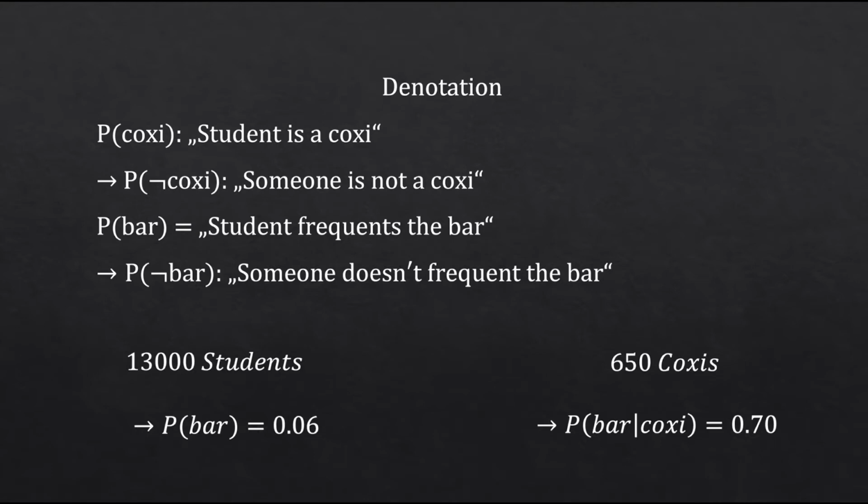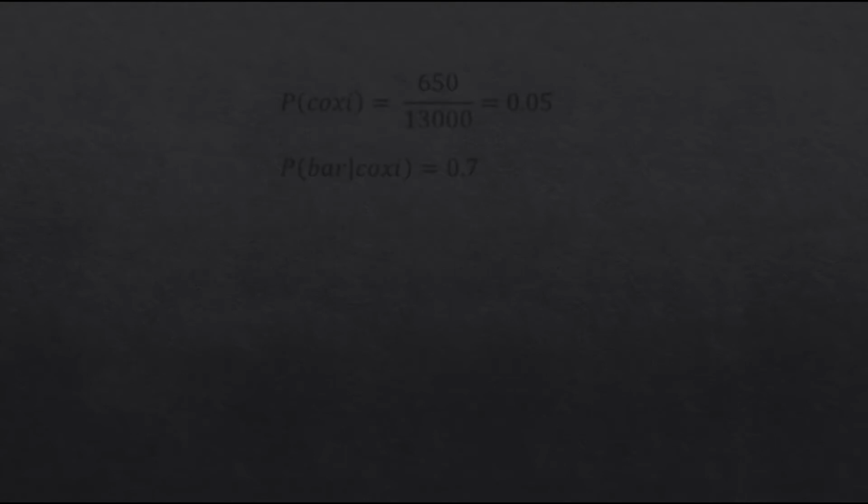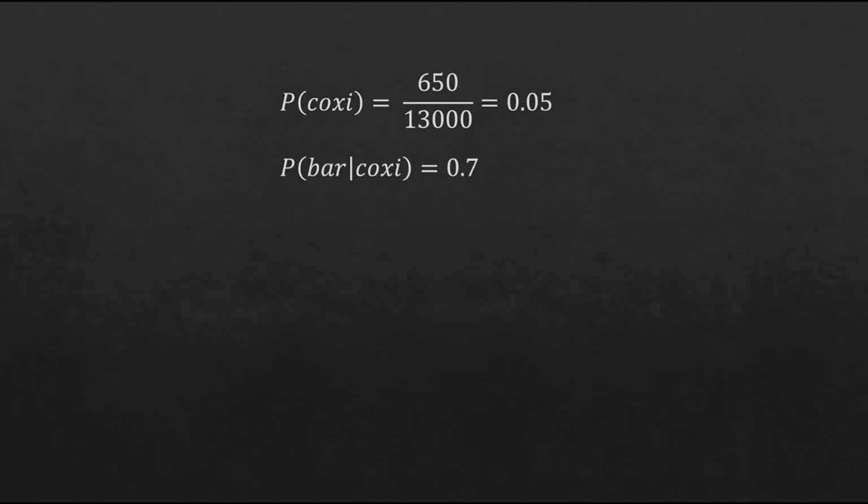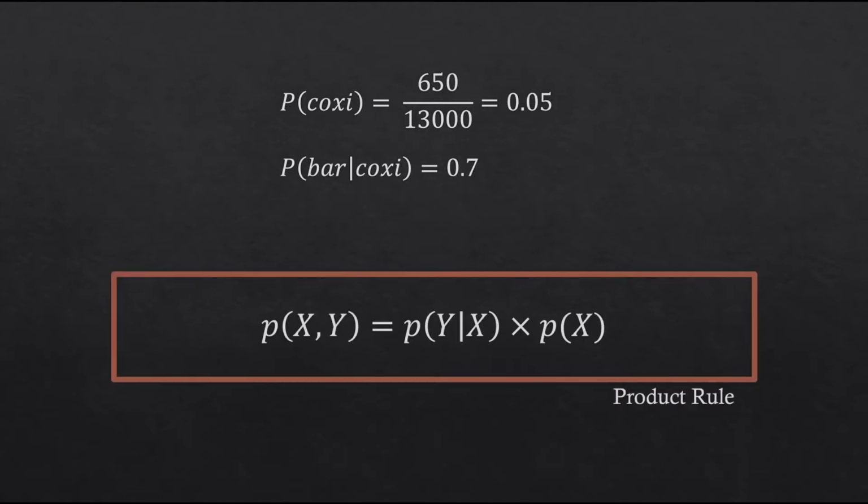And now let's actually calculate the probability that a random student in this bar is a Coxi. We know that the probability that a student is a Coxi is 0.05 by dividing 650 by 13,000. We also know that the probability that a Coxi frequents the bar is 0.7. For this question of joint probability, we can use the product rule that we know from the lecture.